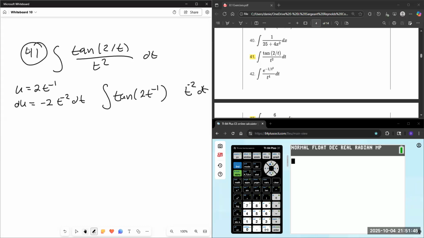I need to multiply by a -2 on the inside and a -1/2 on the outside.